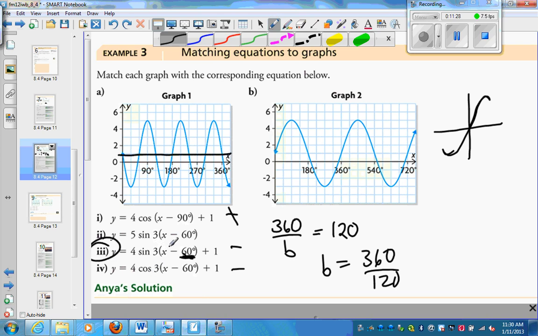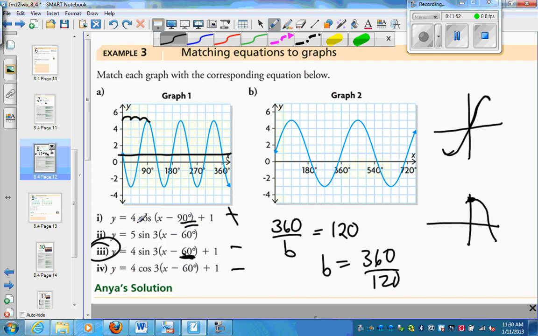But what about this cosine graph? Remember, a cosine graph generally looks like this. In order for it to have been a cosine graph, since its maximum is normally at 0, it had to have been shifted 90. It looks like this one has been shifted 90, so this is definitely a possibility.